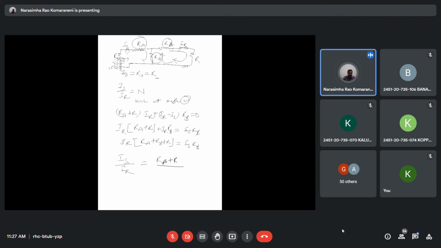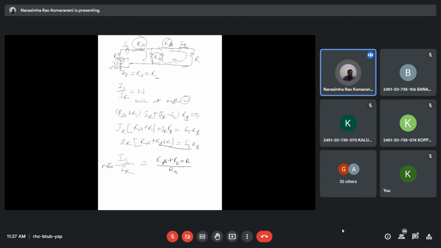IS by IR equal to RA plus RB plus R divided by RB. I have just rearranged this, that's all. Right.